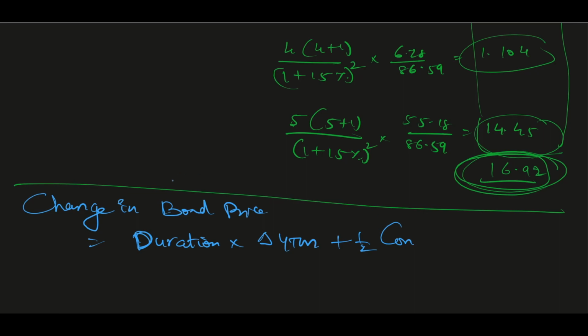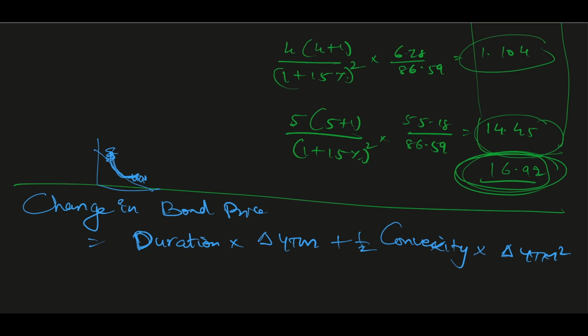Why we are taking half is because the interest rate will either go up or down, both will not happen. So in the convexity we just take one part, either the upper one or the lower one.